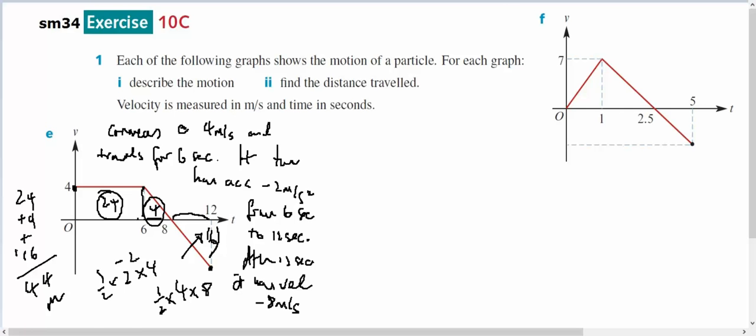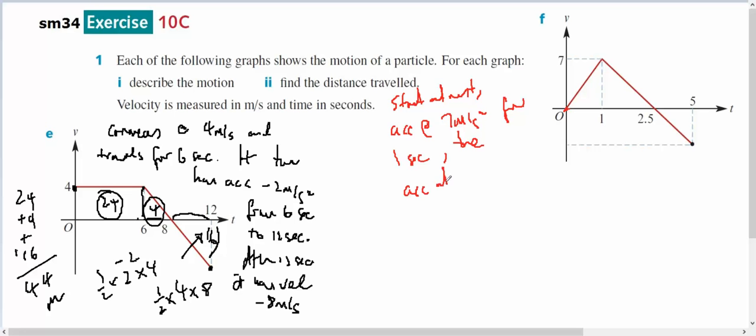Okay, in the second example I've got a particle that starts at rest and accelerates at 7 metres per second squared for 1 second, then decelerates at a rate of, it goes down 7 and over 1.5, so 7 over 3 on 2 is 14 on 3, decelerates at -14 on 3 metres per second squared for 4 seconds.